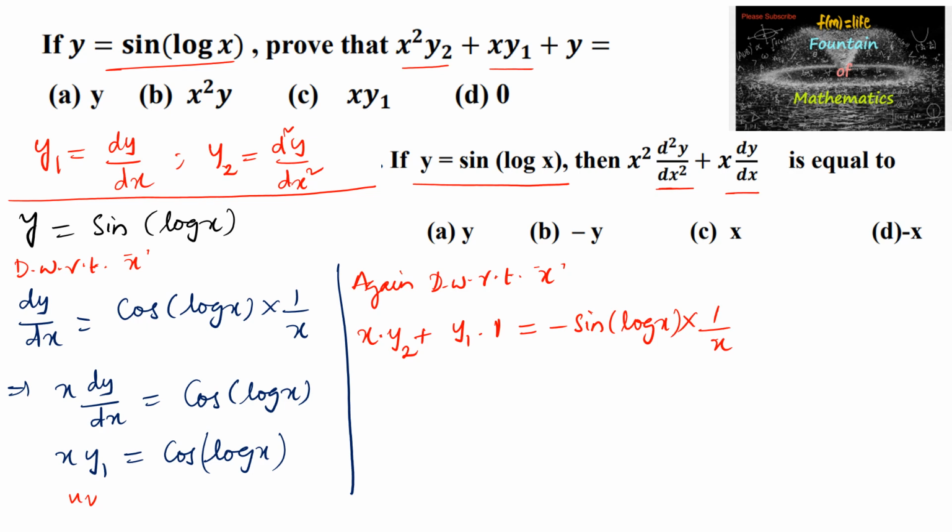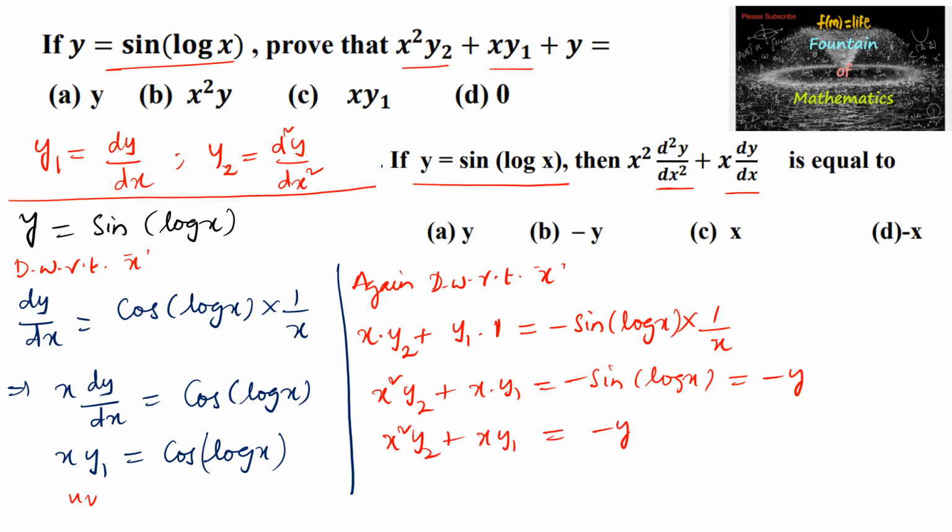So we can write cross multiplication x square y2 plus x into y1 is equal to negative sine of log x, and this negative sine of log x is minus y, that is x square y2 plus xy1 is equal to minus y, or we can write x square y2 plus xy1 plus y is equal to 0. So x square y2 plus xy1 plus y is equal to 0, which is our option D here.